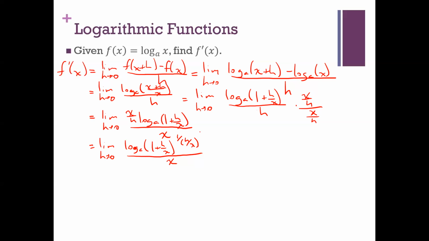So from there, I have this log. Let's focus on the non-logarithmic part first. I want h to go to zero. So the inside of this: what's going to happen to 1 plus h over x, raised to the power of x over h?